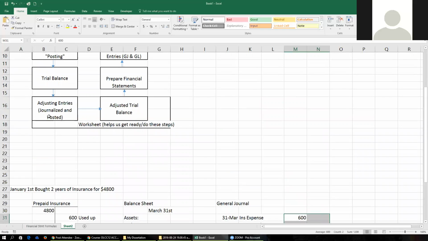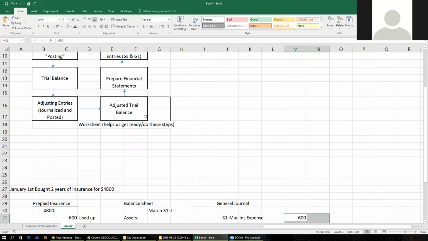That means update the balances in all their accounts. And then do another adjusted trial balance. You did a trial balance before the adjustments, you're doing one after, just to make sure that in that process you didn't make math errors or debit when you should have credited and throw something out of balance.